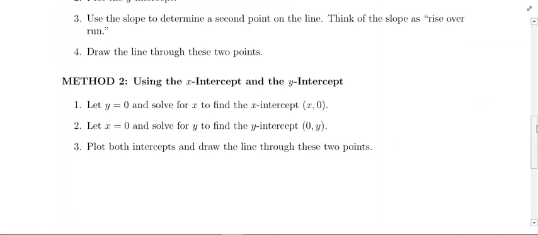So for this method, in step 1, you're going to let y equal 0 in your equation and solve for x to find the x-intercept. And then you're going to find the y-intercept in step 2 by letting x equal 0 and solving for y. And then in step 3, once you've plotted your x-intercept and your y-intercept, you will simply draw the line through those 2 points.